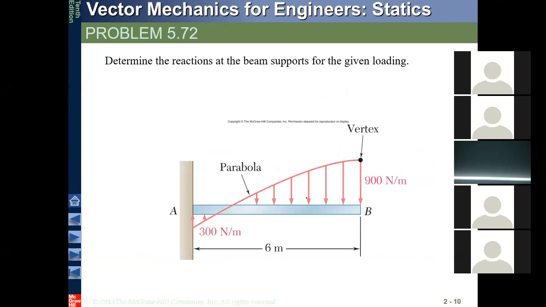Okay, let's have a more challenging problem now. We have a cantilever beam. We have a fixed support at point A, and you have a load in the shape of a parabola, and this is the vertex, and it means that the slope of the load here is 0.